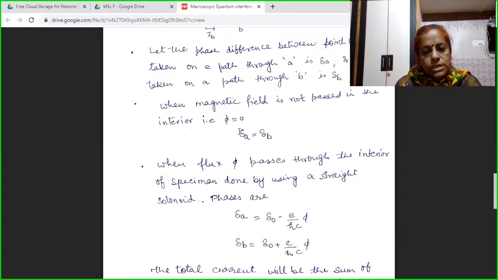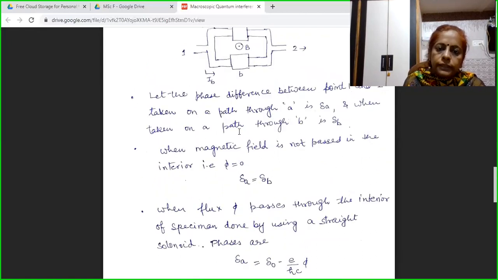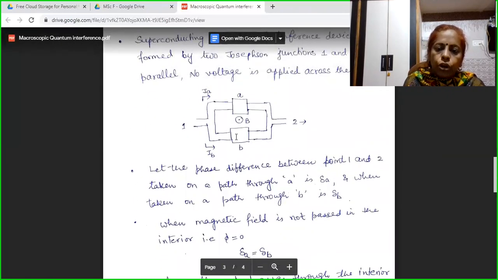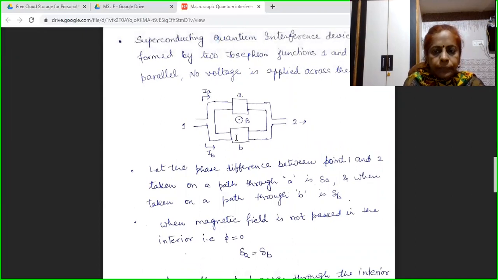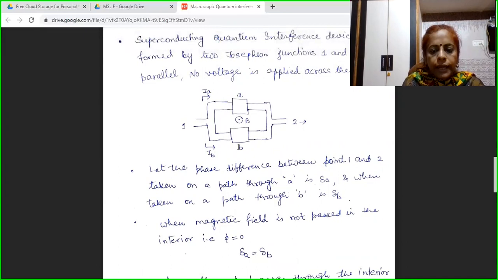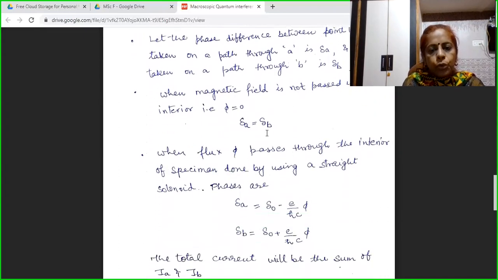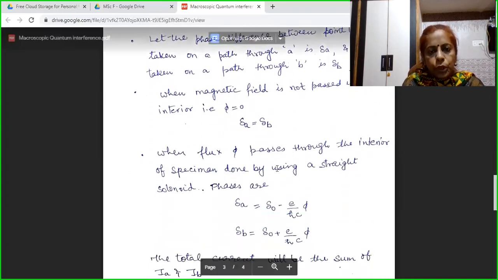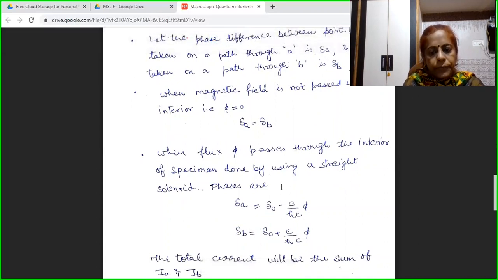Now, because a magnetic flux has been introduced, delta A will not be equal to delta B. There will be variation in the phase, and the variation will be equal and opposite because these two junctions are connected in parallel to each other.